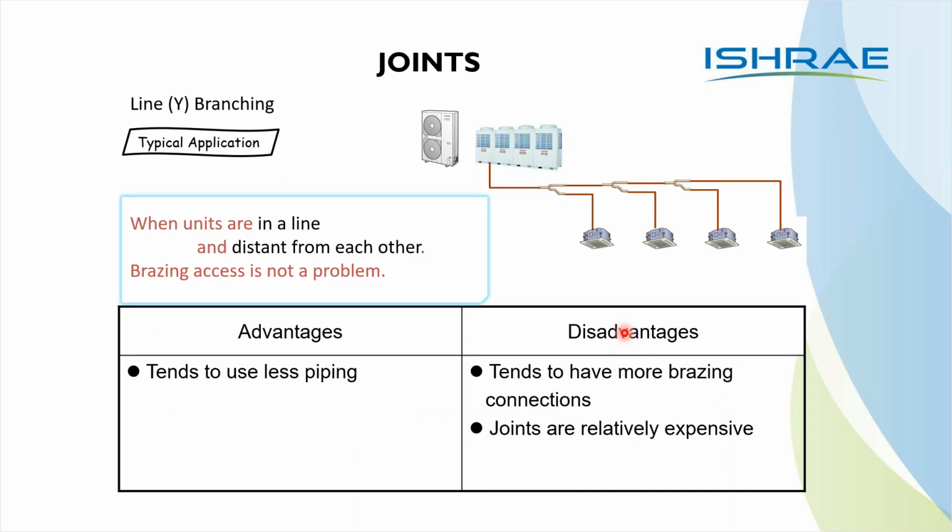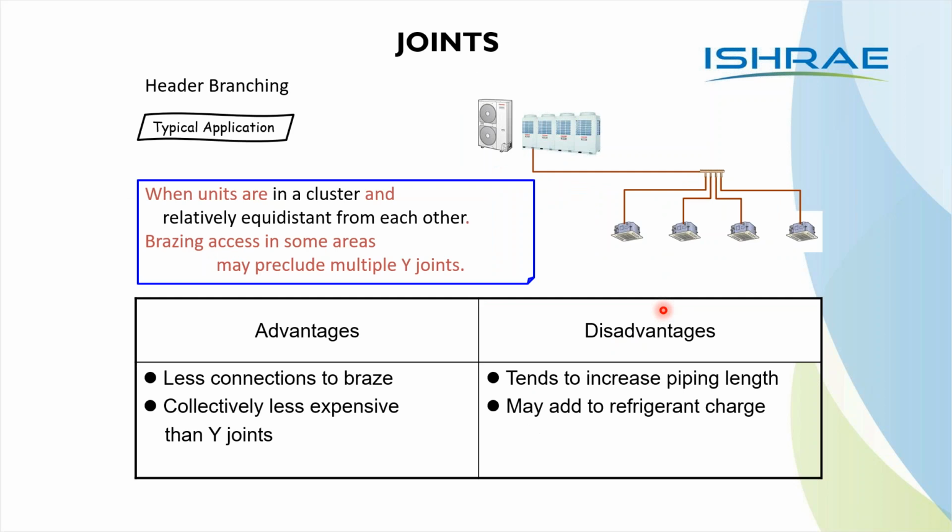So it is desirable to have a Y joint as much as possible rather than a header joint. Of course, if it is inevitable, then you have no other option but to use a header joint. So this is a header joint when you have 4 pipings. The disadvantages: it tends to increase the pipe length, which means you will need more piping. You have more brazing to be done, and more brazing means more chances of leak.